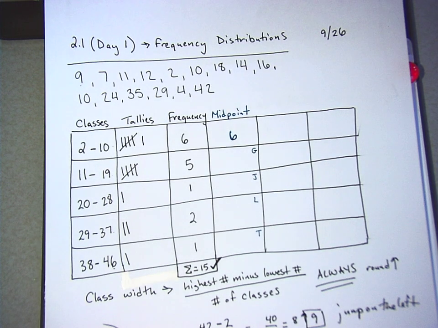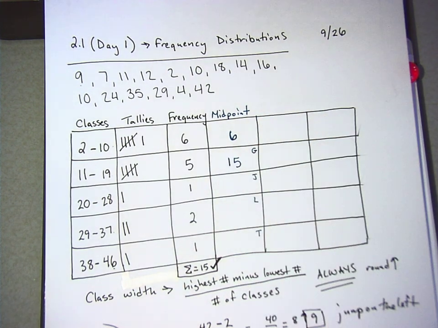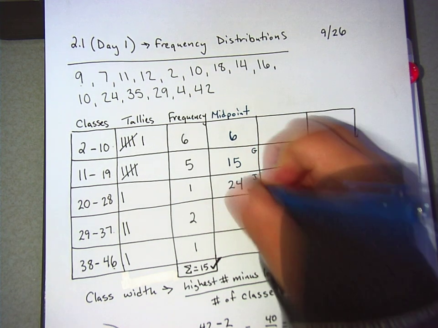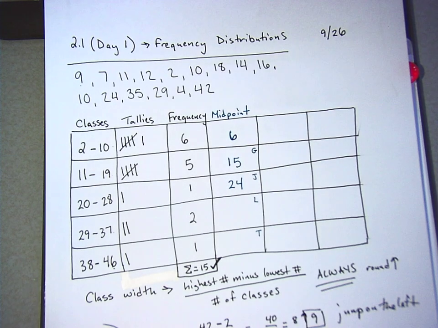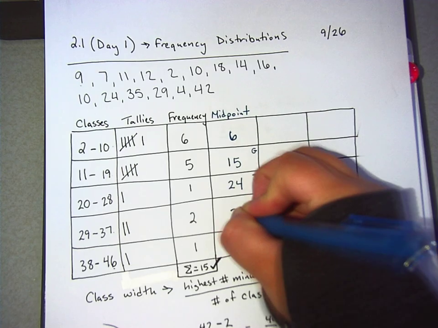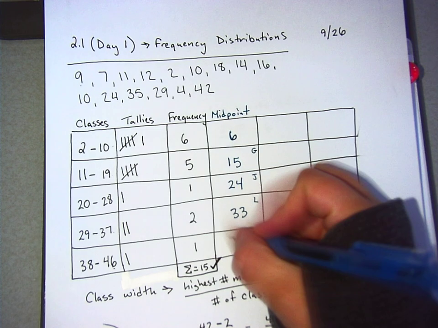What do you get? 15. Julie? Louv? 33. Tristan? 42.